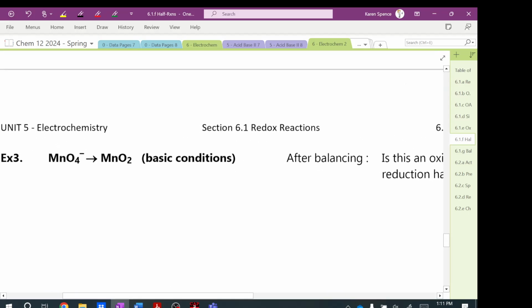MnO4 goes to MnO2. Do you guys think you could do the acidic part? And maybe even try the basic part? Give it a go.